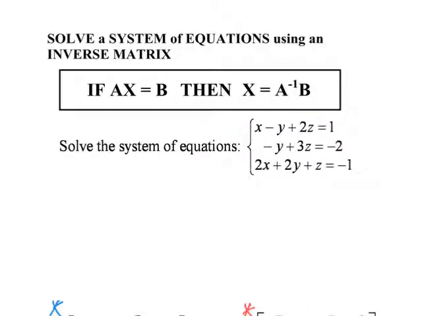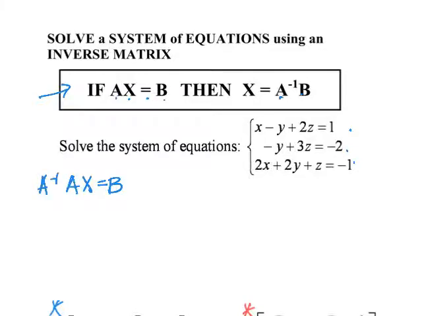Okay, so we are going to take this system of equations. We have 3 equations and 3 unknown variables, x, y, and z, and we're going to solve it using this formula here. So what this says is matrix A times matrix X equals B. If that's true, then X equals the inverse of A times B. Think about it this way. Let me just write this out. If I take A times X equals B, and I multiply both sides by the inverse, right?